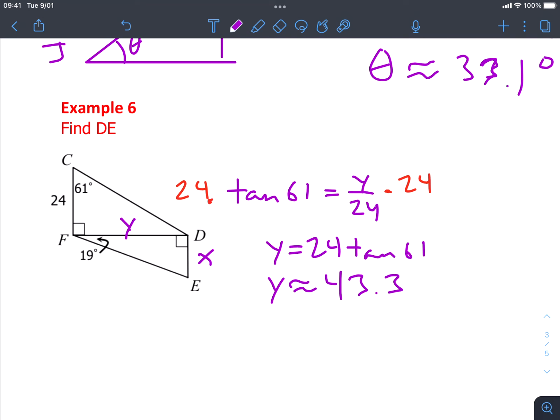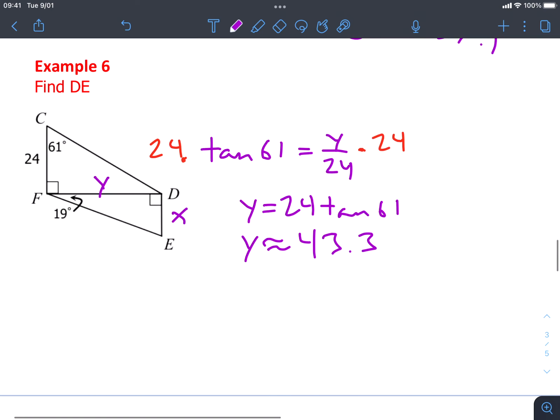Now, we are almost done. We're not quite done because we want to find the value of x, or DE. Well, now that I know my angle DFE is 19 degrees, and I know my FD length is 43.3, I want to find my opposite side there. So again, I have a tangent situation.